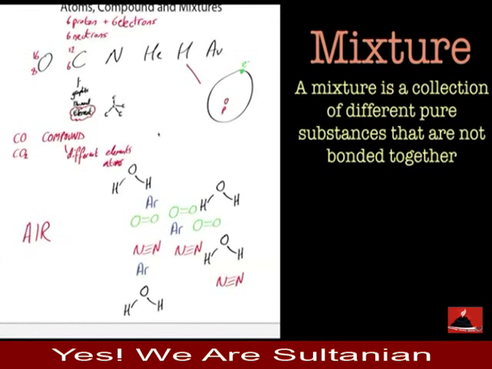Mixtures, this is very important because people do get confused with mixtures. Mixtures are made up of different compounds or elements. It could be elemental forms as well. So you could have a mixture. You could have carbon in there as well, or we've got argon there, which is not a compound, it's just an atom. So mixtures are made up of a collection of different atoms or compounds that do not react together.